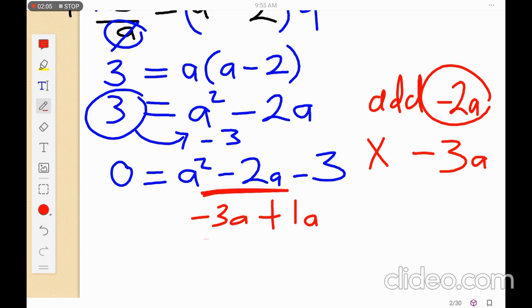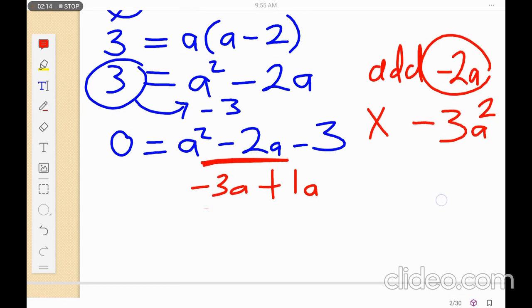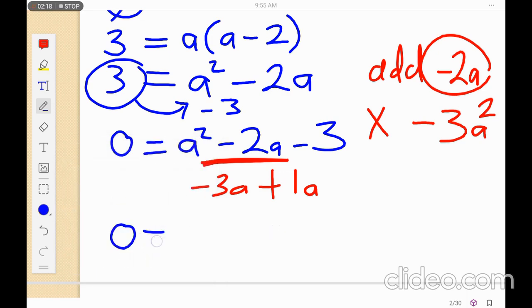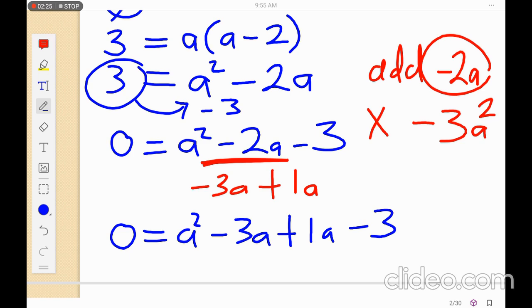Even if you multiply and consider the a, you still get a squared, minus 3a squared. So it's one and the same thing. So I'm now going to rewrite this equation as 0 is equal to a squared minus 3a plus 1a minus 3. This will go back to this, so we have not violated anything.